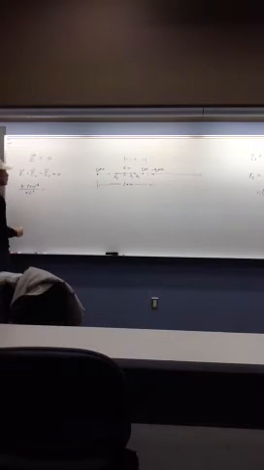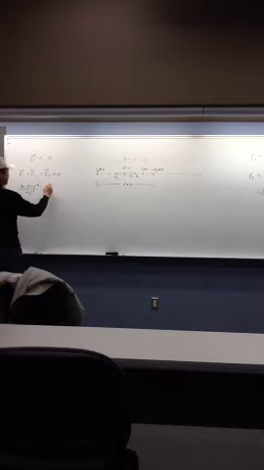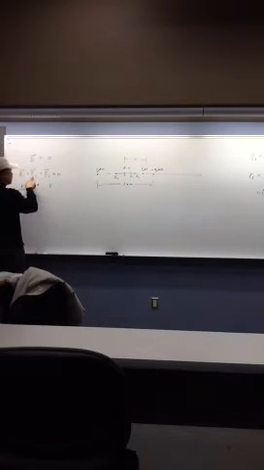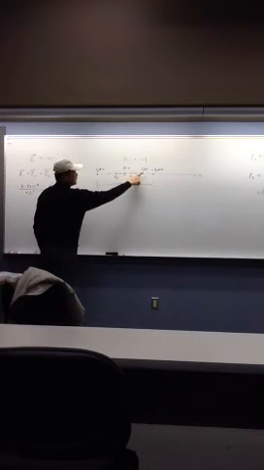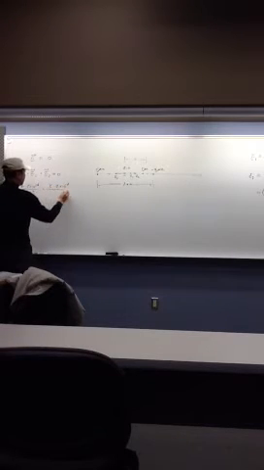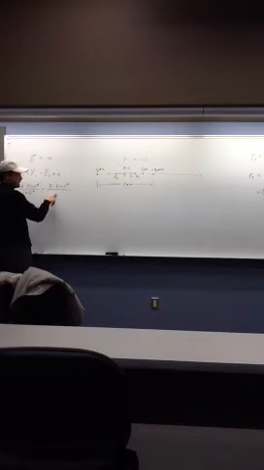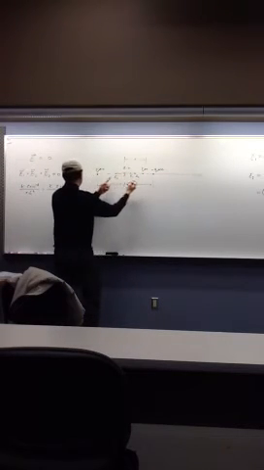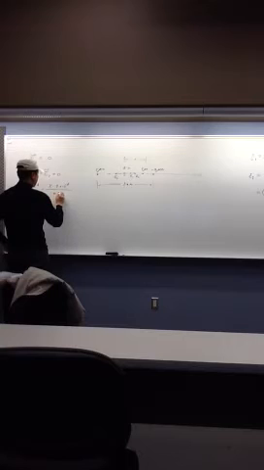Then plus E2. E2, the same direction, positive. k times the source of E2, negative 8, right here. That's the source, 8 times 10 to the negative 6, divided by this distance, 0.6 again.